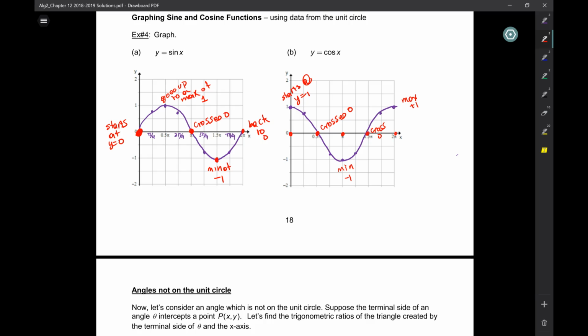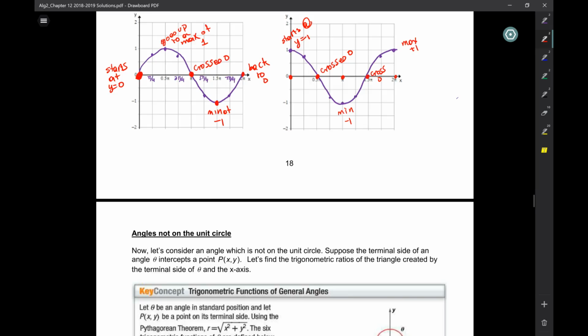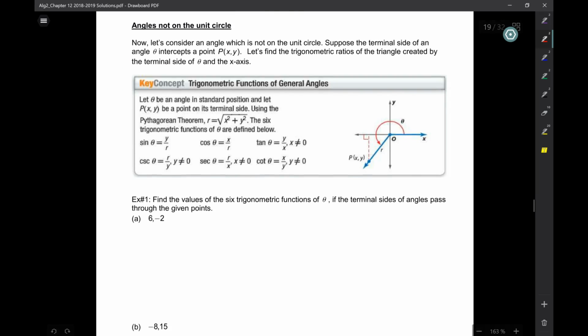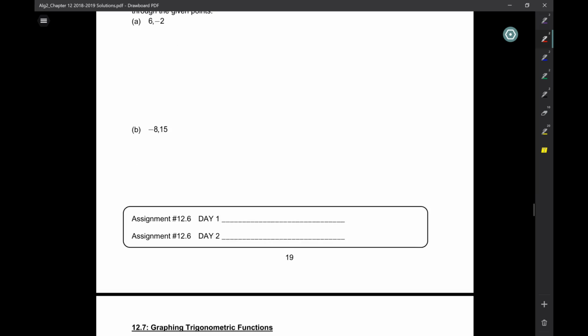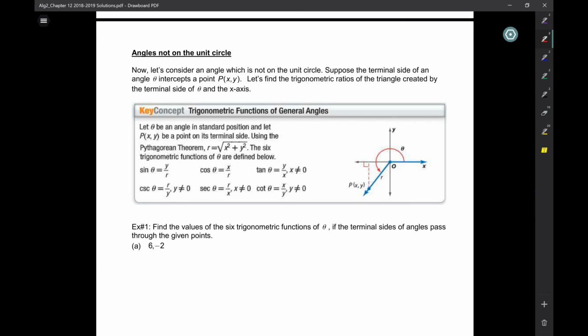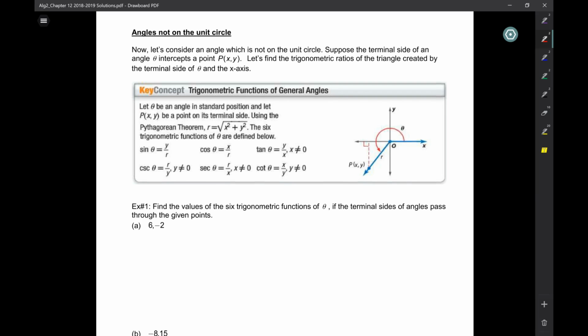Okay? Now, one last thing we're going to do: angles that are not on the unit circle. So if I have some random angle that's not on the unit circle, suppose I have an angle that looks like this. Where is that reference angle that we all love so much?